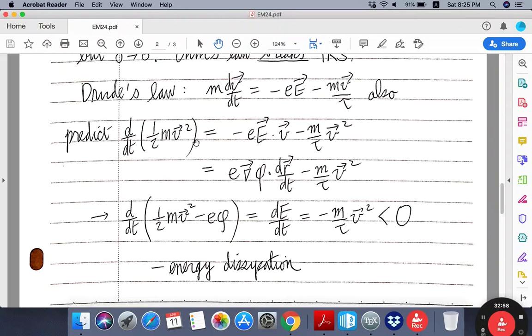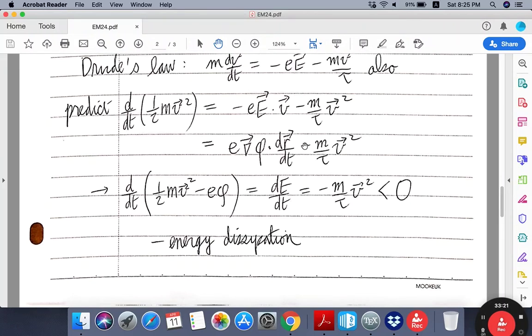So this expression is equal to Drude law once you multiply both sides of the equation with the velocity vector. Just take the inner product. Okay, then this right-hand side will be turned into this expression.